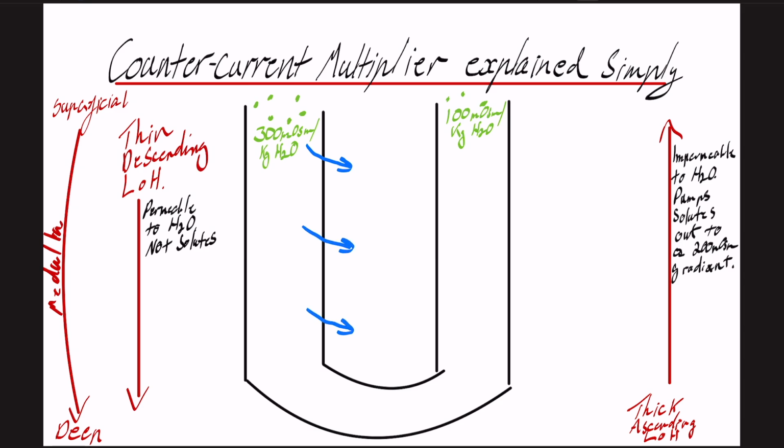So it'll equilibrate with whatever the interstitial osmotic gradient is. And then on the right, in the thick ascending limb of the loop of Henle, it's impermeable to water, but it pumps solutes out. So solutes are going to be moving into the interstitium from the thick ascending limb of the loop of Henle.